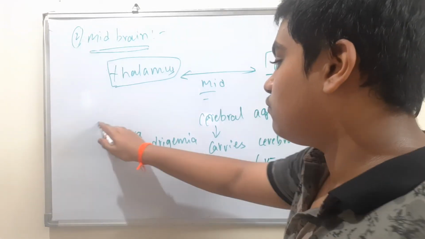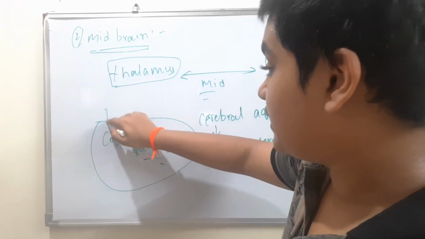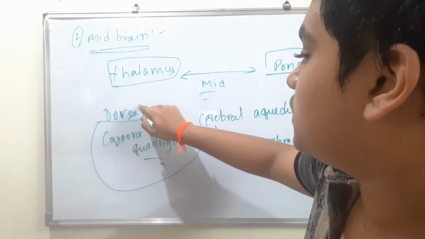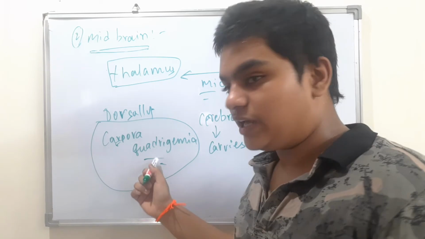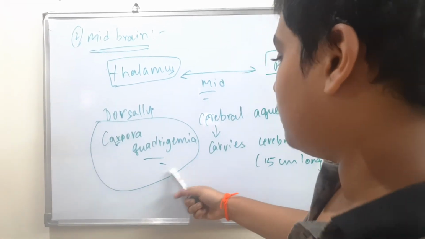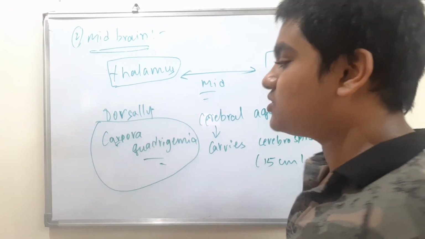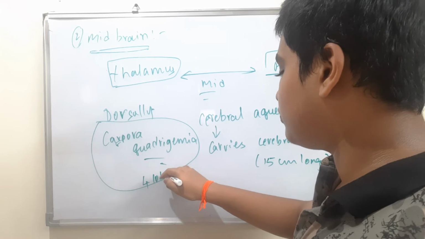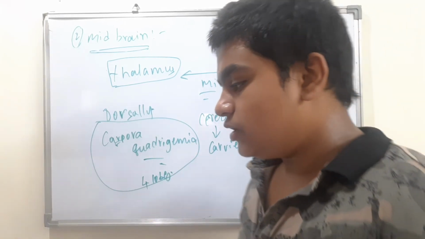It is 4 lobes, dorsal side, not ventral. They can confuse you. Dorsally it contains 4 lobes called as corpora quadrigemina. So corpora quadrigemina are the dorsally located 4 lobes of the midbrain.